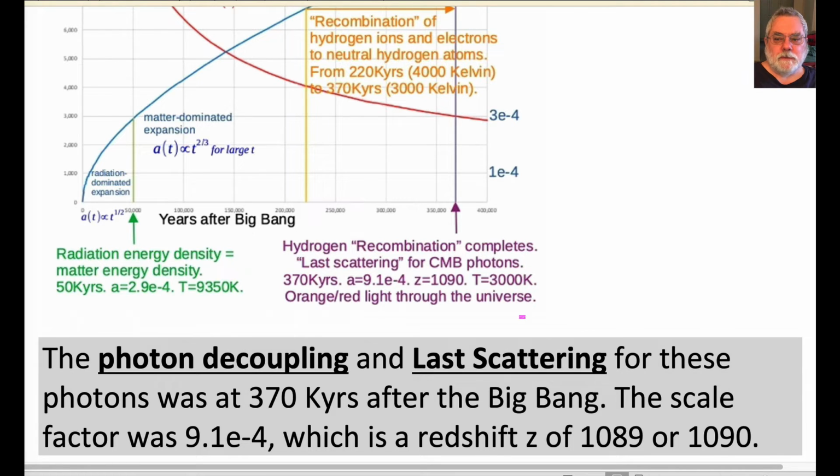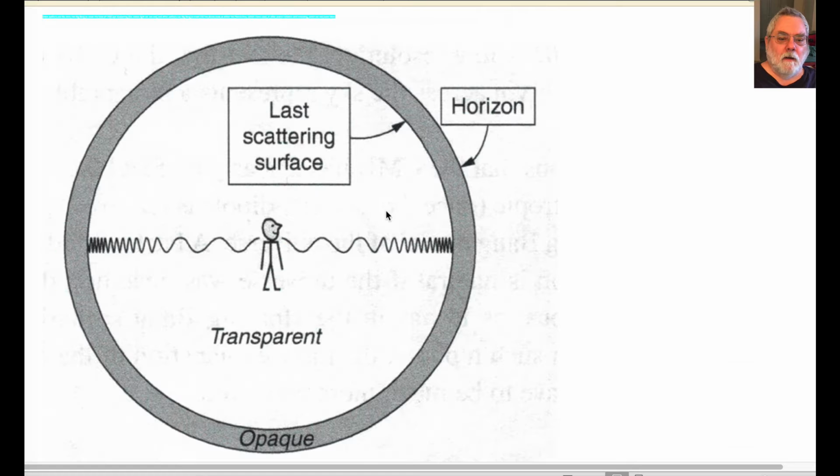Some authors use the term hot Big Bang to mean the time here of CMB last scattering, the oldest light we can see, and other authors use Big Bang to mean the hot dense state at either the Planck time, which I have used, or after cosmic inflation and reheating, which we will cover later.